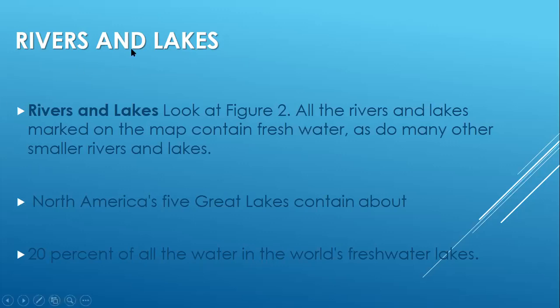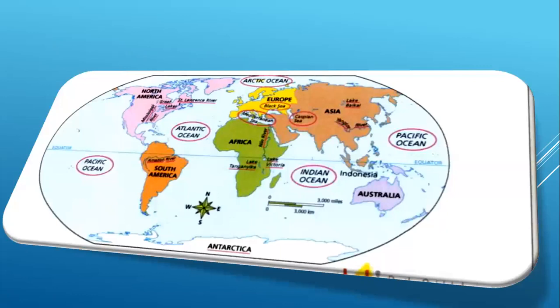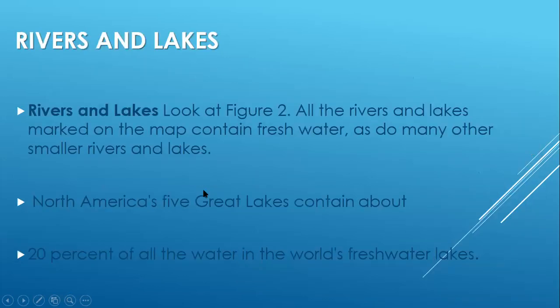So for rivers and lakes, look at figure 2, we'll get some lakes here again. So we'll get here some lakes, and some lakes are here also. So mostly we'll get a lot of lakes here, Great Lakes here in North America. So that's the presence of lakes here.